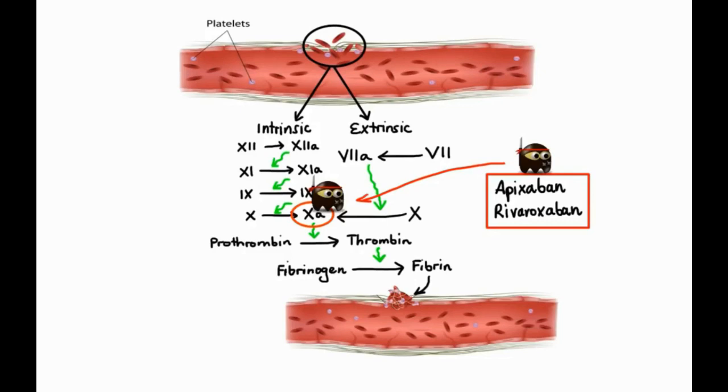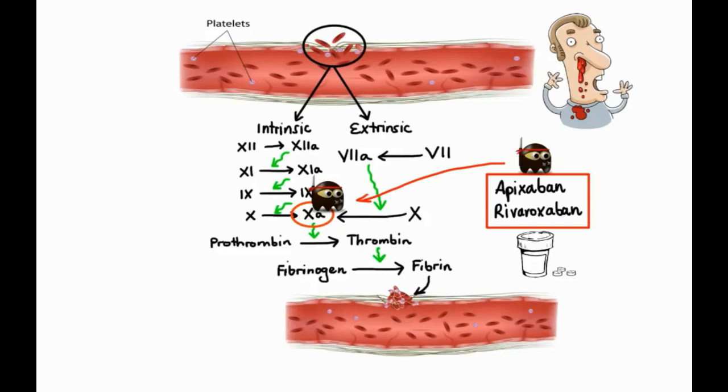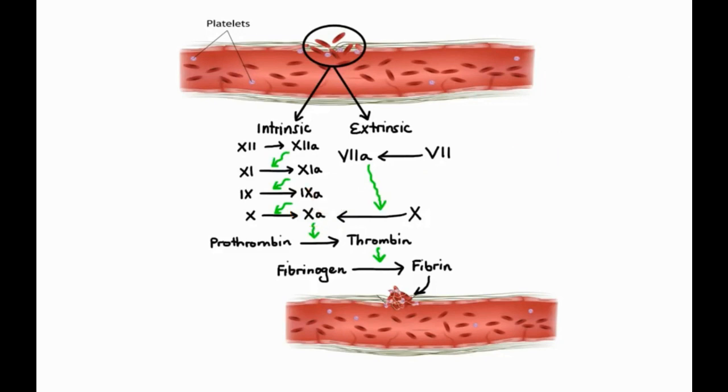The next group of anticoagulants are the direct thrombin inhibitors. Depending on how they interact with thrombin, they can be subdivided into two classes. The first class is called univalent, which binds only to the active site of thrombin, and examples are argatroban and dabigatran.